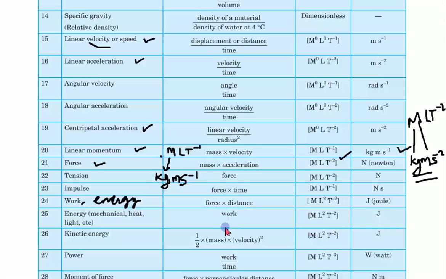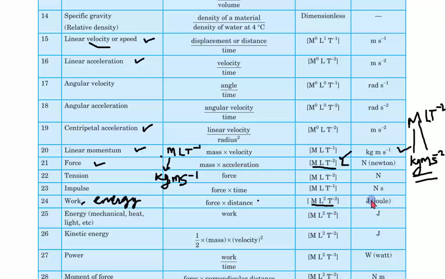Force is M L T minus 2. If I multiply by another distance, that is L, L and L will be multiplied, so this will become L square: M L2 T minus 2. Is it correct? What is work done? M L2 T minus 2. Is it correct?